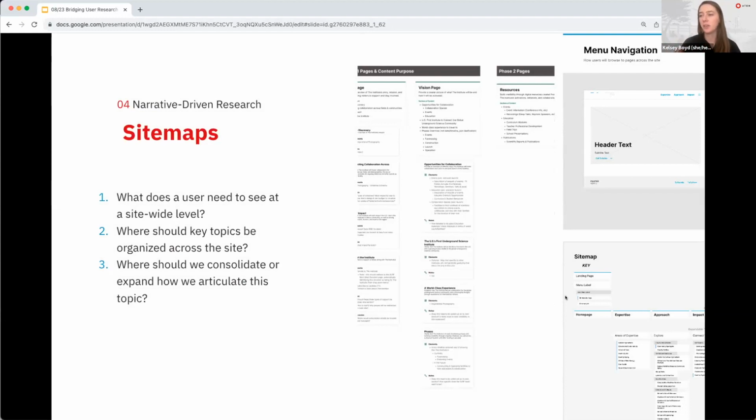So this is where we're thinking about what a user needs to see at a site-wide level, thinking about that very skimmable type of experience. Where should key topics be organized across the site? And where should we consolidate and expand how we articulate a topic? We're really thinking about how to simplify the sitemap so that people can understand your story at a very concise level and it's clear to all audiences.